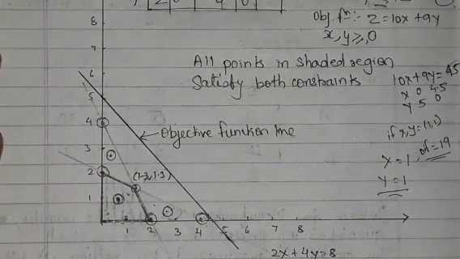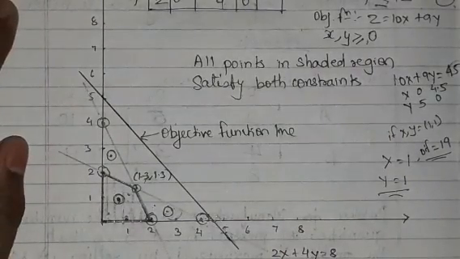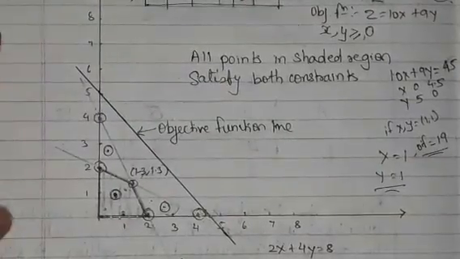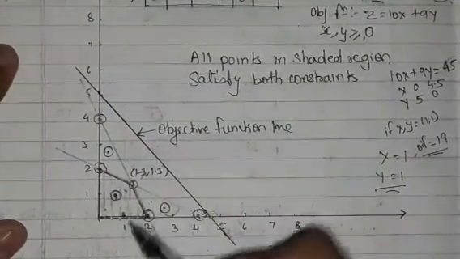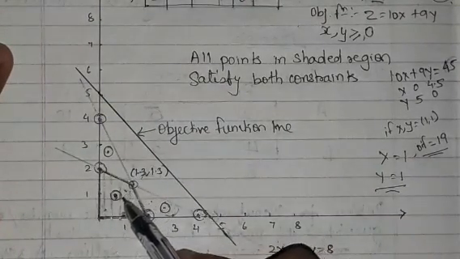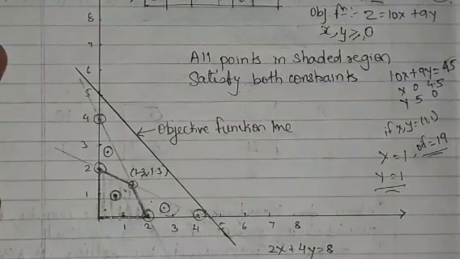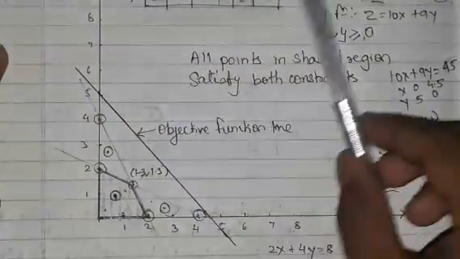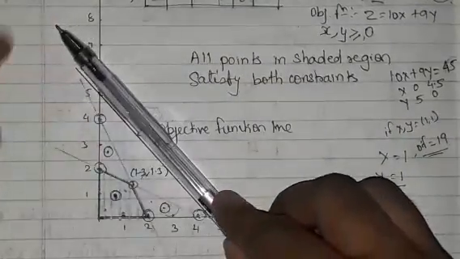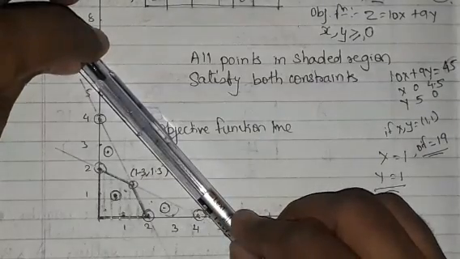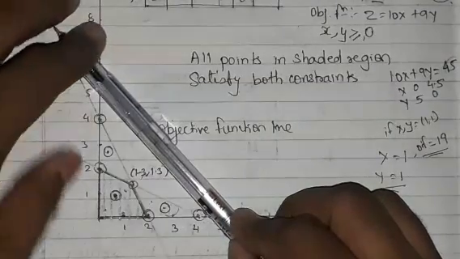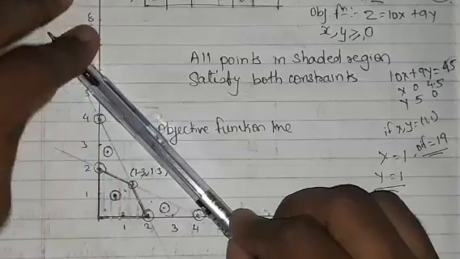So my idea in this case should be to select a point which is as far as possible from the origin, right? So I have drawn an objective function line, and I am going to move it nearer to this area under consideration, right?